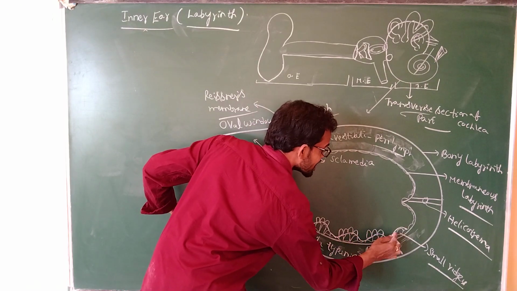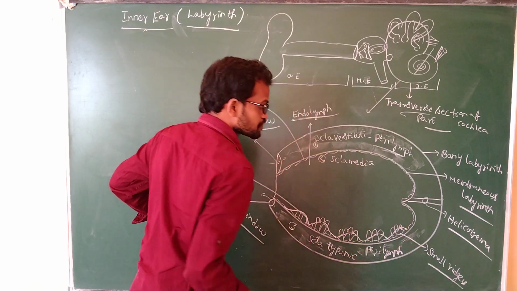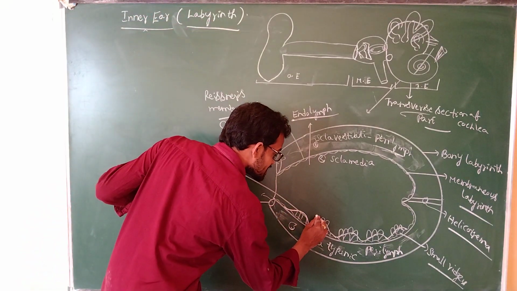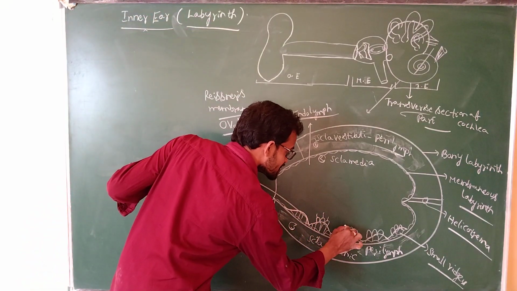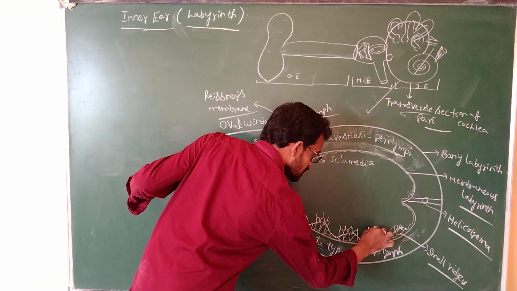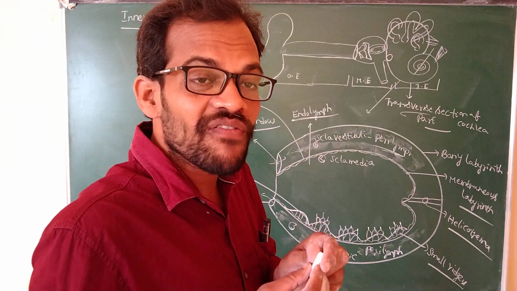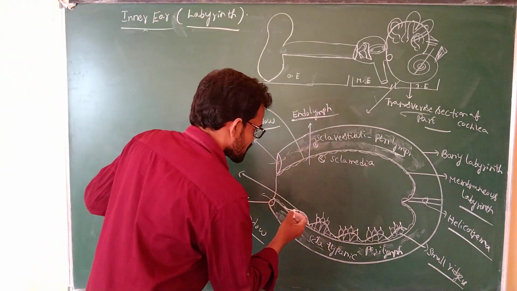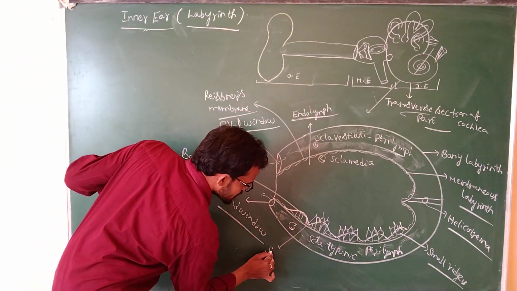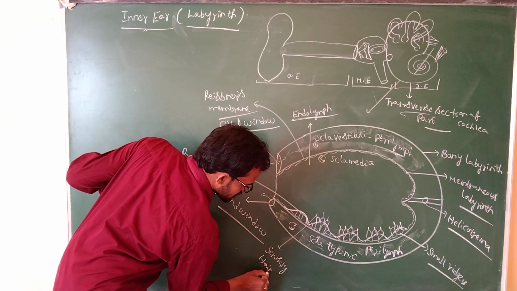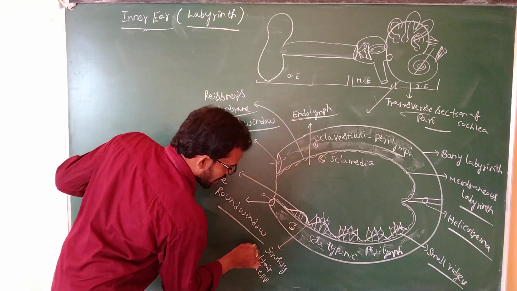The outer surface consists of sensory cells. The tip of the sensory cells consists of sensory hair cells.